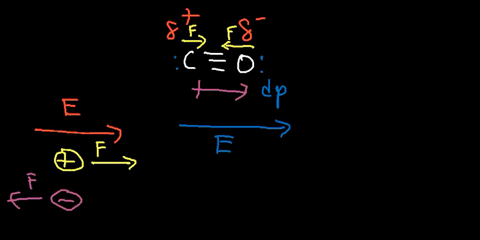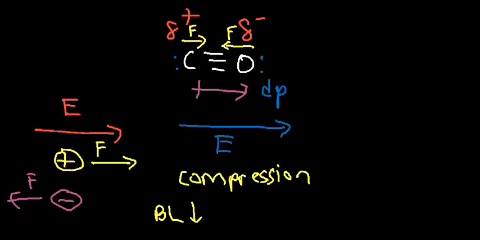So what we have here is compression. Whenever the electric field is in the direction of the dipole moment, the bond compresses, it becomes smaller. And when the bond length decreases, the dipole moment decreases. And as a result, it becomes less polar, so to speak.